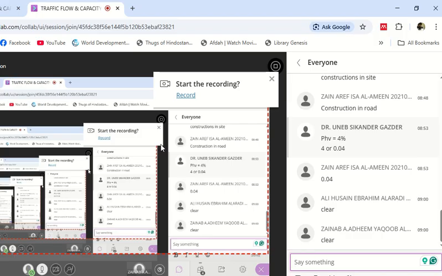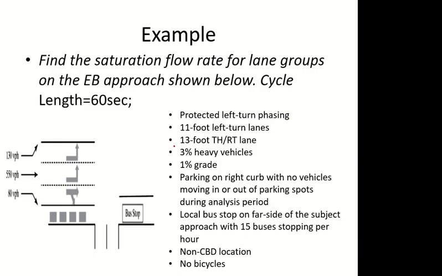Okay, moving on to the example, we have protected left turning. I told you last time that protected left turning means that you will wait for the signal to turn green, whereas if it is permitted, then you will make the turn when the intersection is clear. This one is protected, so left turning cannot be done without the signal. Lane width is given, and it is different for each lane.